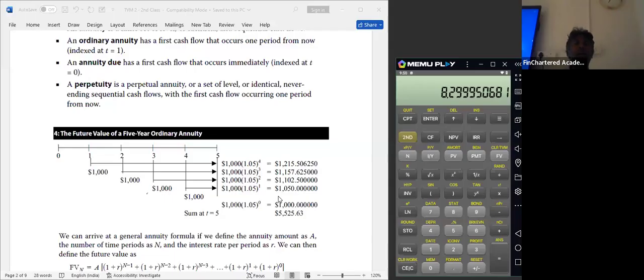All right. Now, in this case, what has happened here? Investments are done at the beginning of the period. Okay, fine. Correct.